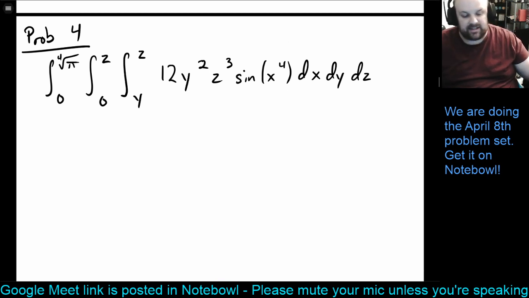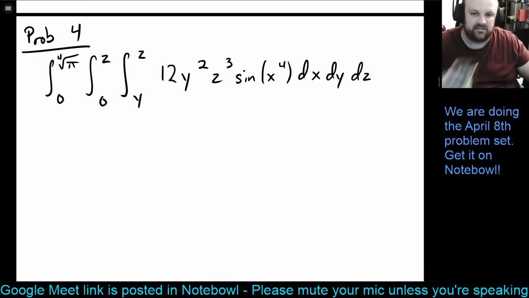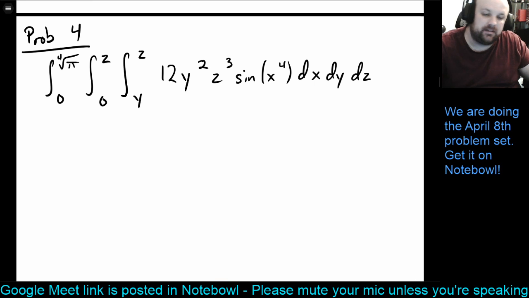Now, as it stands, we can't really integrate sine of x to the 4th power. Right? There's no trick for this. There's no u-sub. There's no integration by parts that's going to get us out of this. So what do we do? Well, we do the same thing we did with double integrals, which was to try and switch the order.